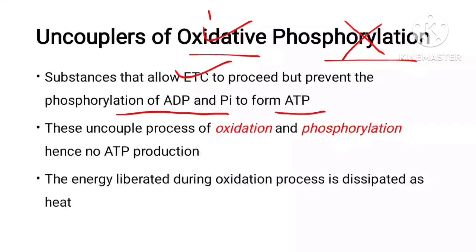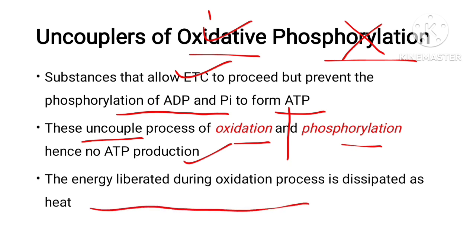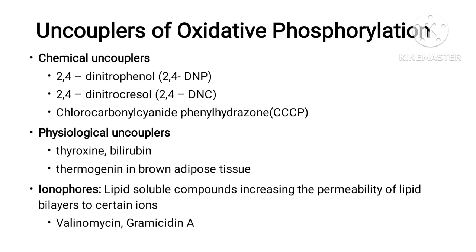Since oxidation and phosphorylation are coupled processes, these substances break the link between them, so they are called uncouplers. Hence there is no ATP production, but the energy generated is liberated as heat.